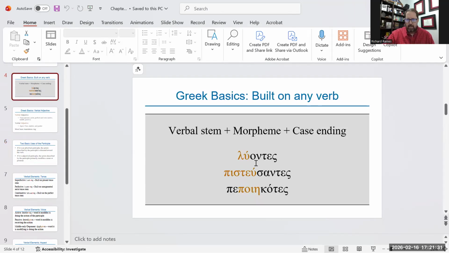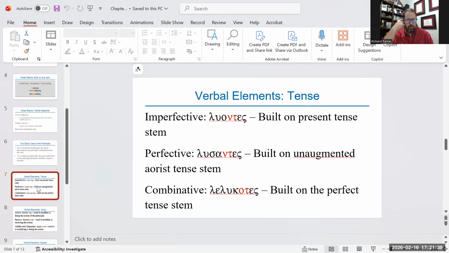You've got the verbal stem, and then you've got the morpheme here, and then you've got the case ending. So when it comes to verbal elements, that morpheme is going to be what really sets it apart. And all of this, he actually explains better in the next chapter. But you have the imperfective, you see the nu and the tau, perfective, the nu and the tau, and then the combinative is the omicron and the tau.